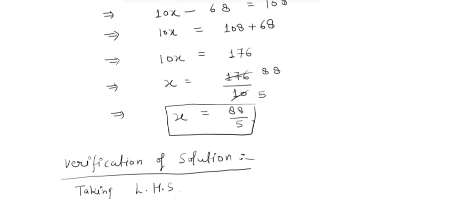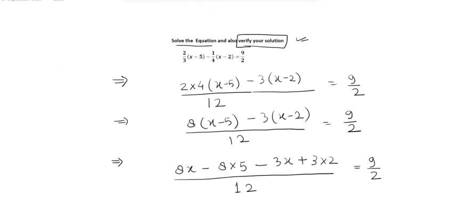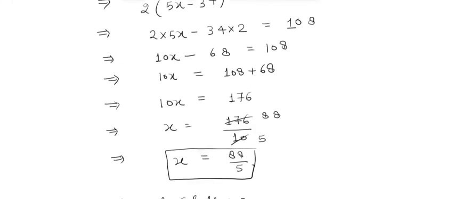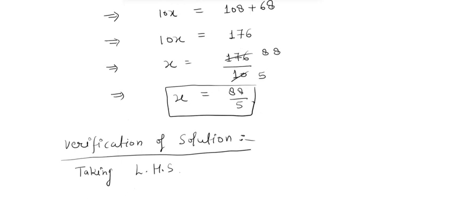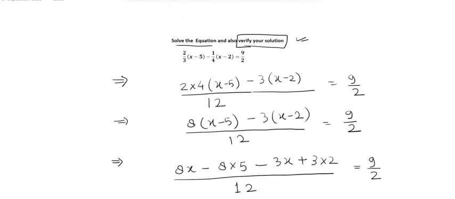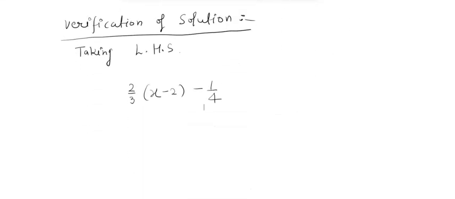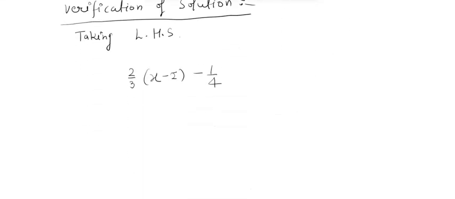So here LHS is 2 by 3 (x minus 5) minus 1 by 4 (x minus 2). Here x minus 5 and x minus 2. Put value of x.